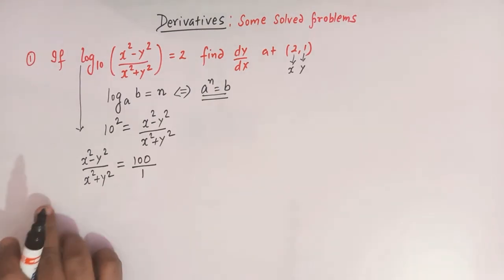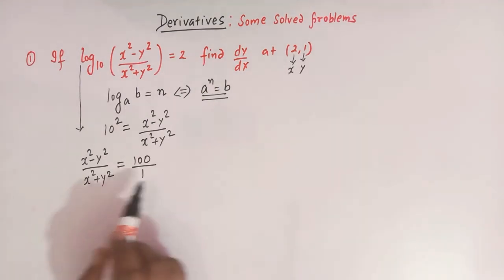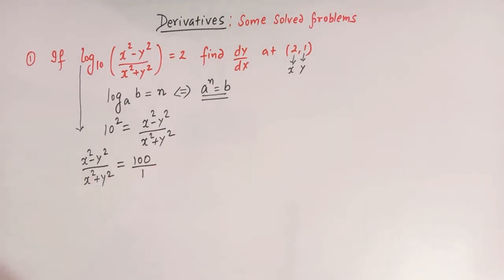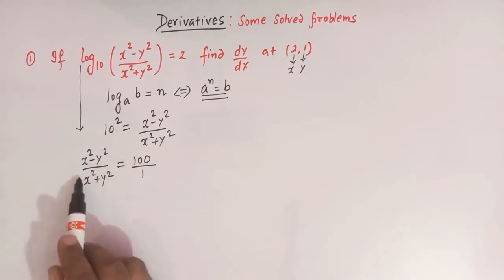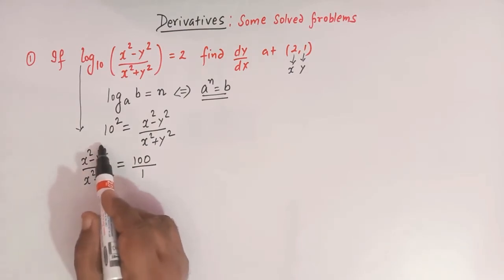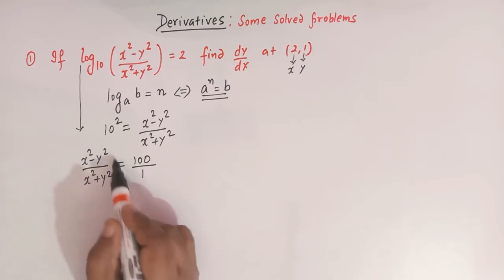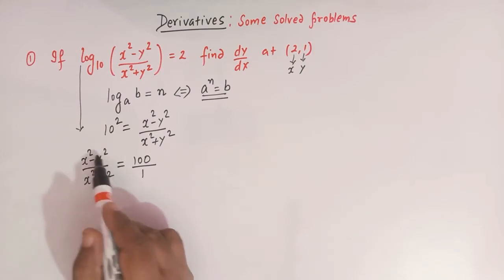One method is to directly differentiate both sides with respect to x, but here we are not going to adopt this method of directly differentiating both sides and applying the quotient rule of differentiation to this term.